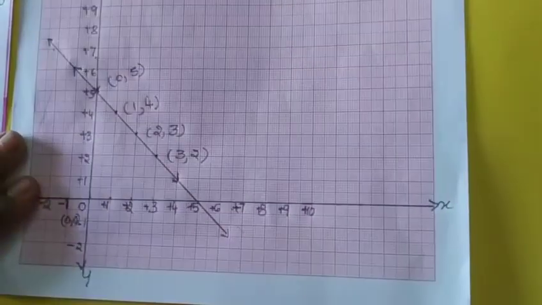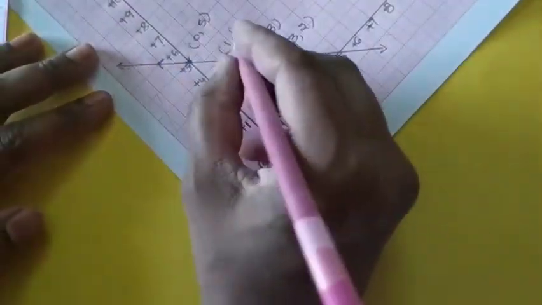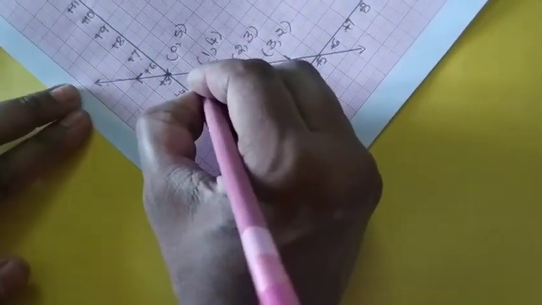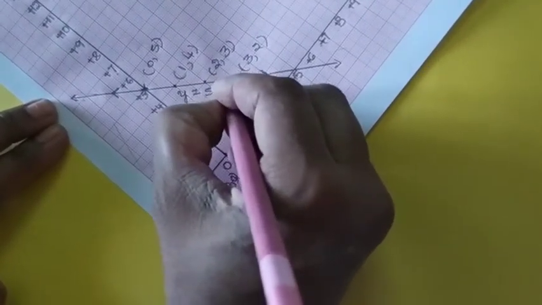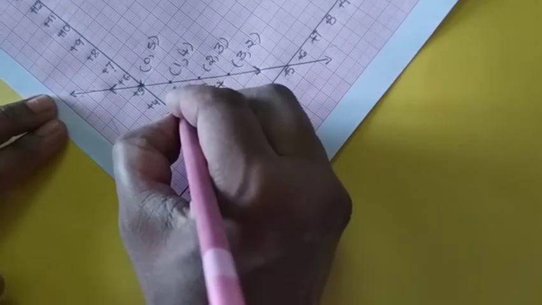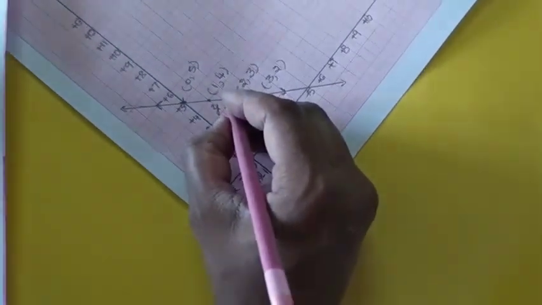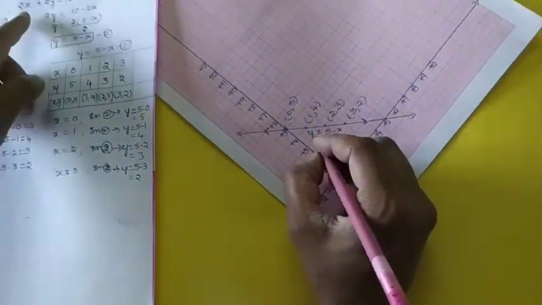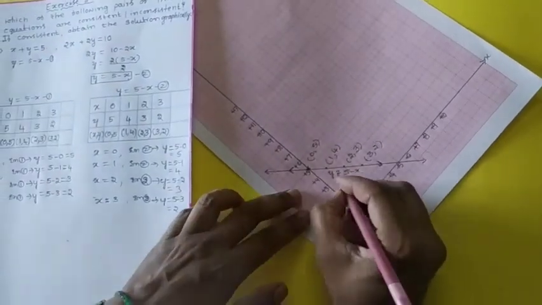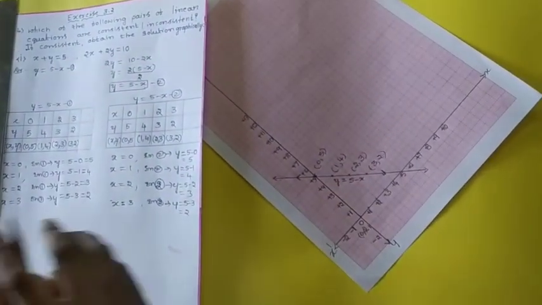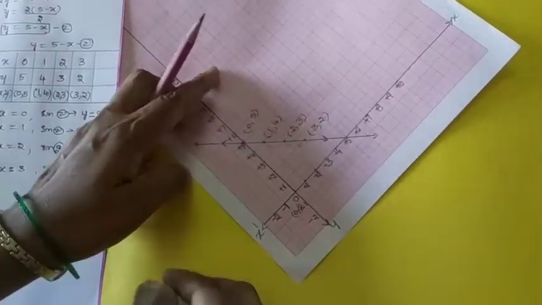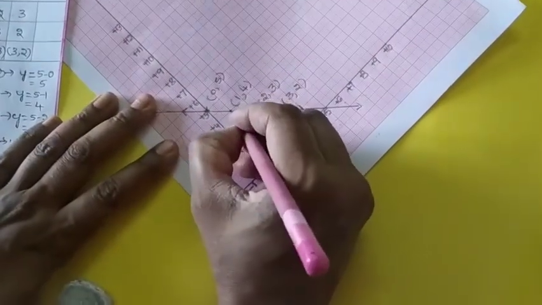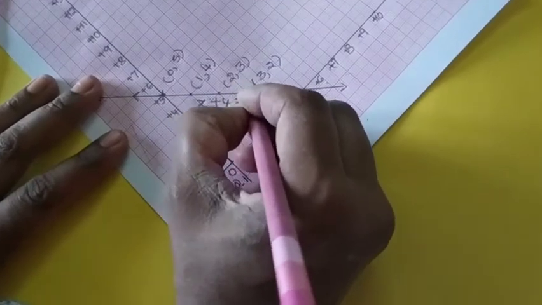Coincide lines. Then we will write the equations. y is equal to 5 minus x, x plus y is equal to 5.